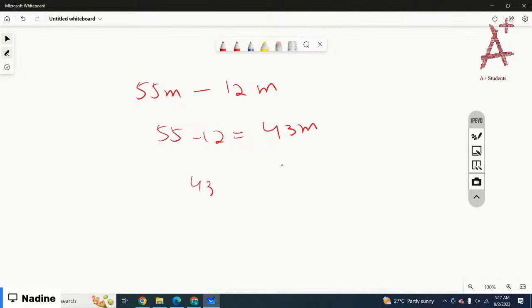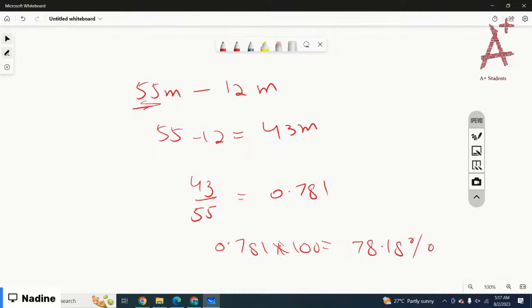So you have to calculate the decrease percent, 43 by 55. Originally it was 55. Got it? 43 over 55 equals 0.781. Multiplying by 100%, that equals 78.18%. That means the height is decreased by 78%.